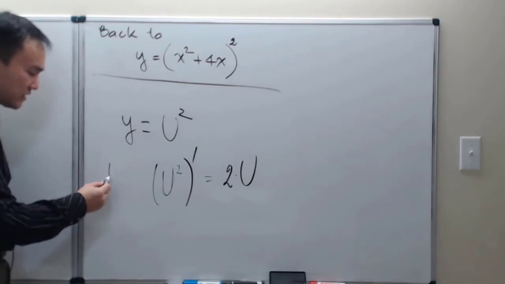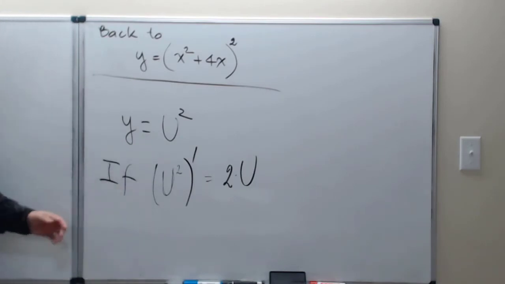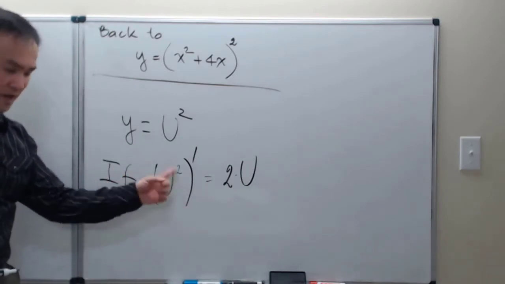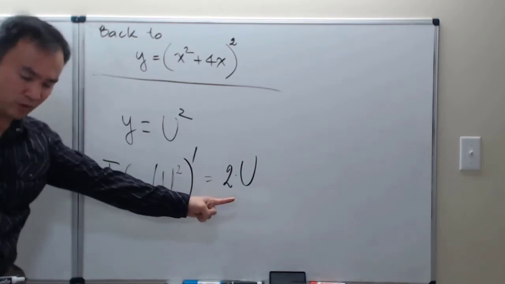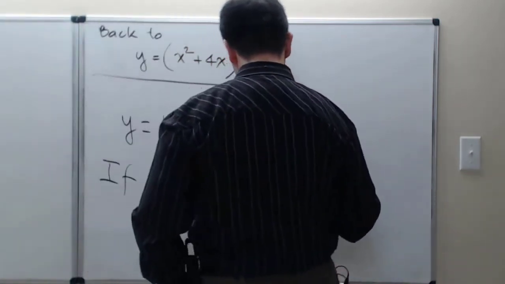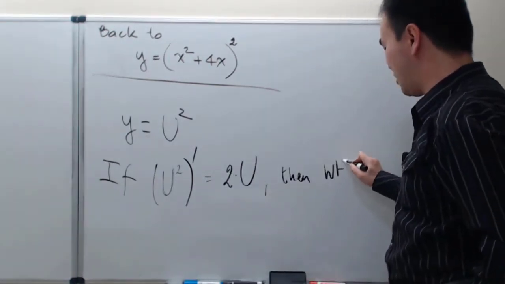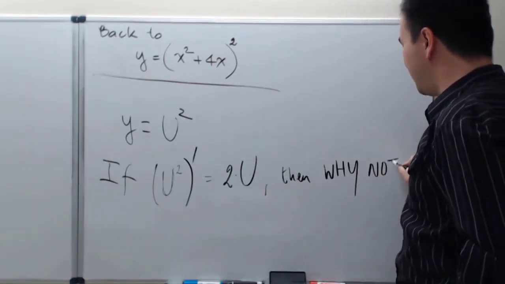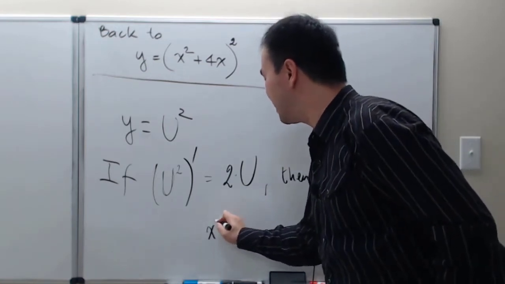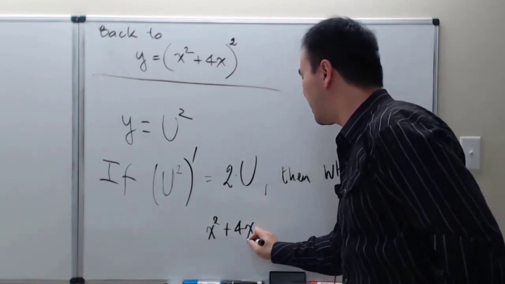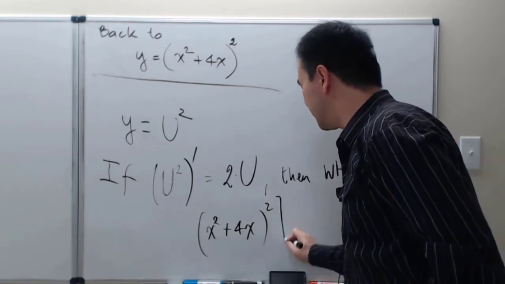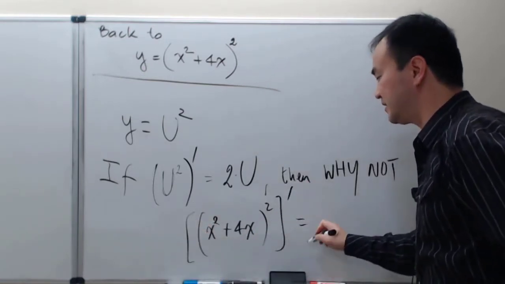When classes were still face-to-face, my student said, if we can do this, u squared, take the prime, to equal 2u, then why not? That was their question. Why not simply take the derivative of x squared plus 4x, squared, using the power rule?